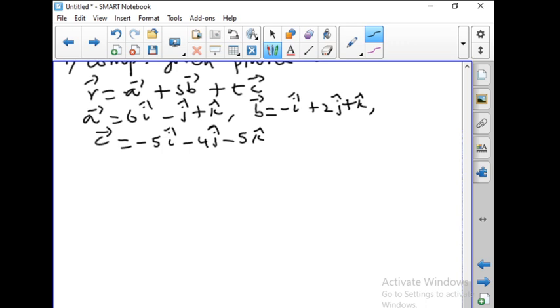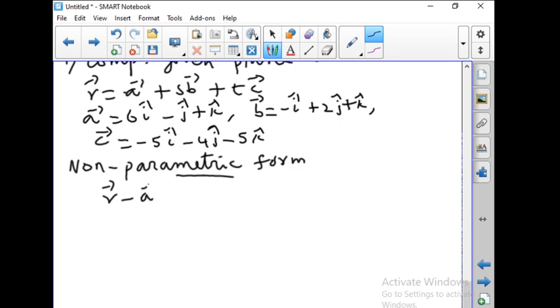Okay. So here the non-parametric form is asked first. So what about the non-parametric form? It is (r vector minus a vector) dot (b vector cross c vector) is equal to 0. So same as what we did in question number 4.